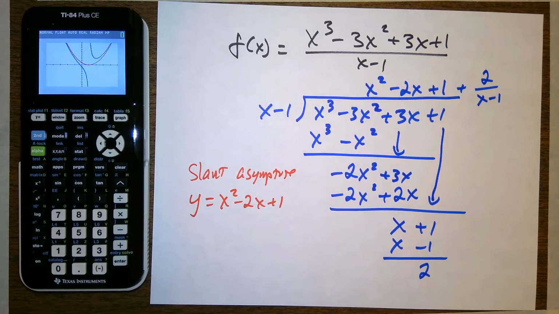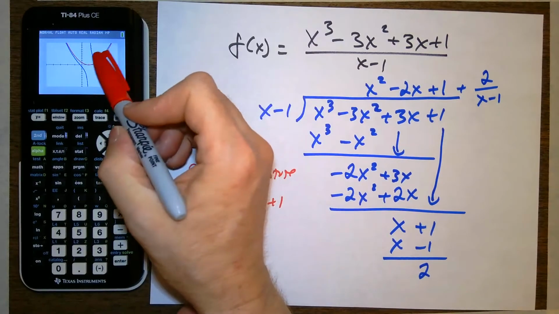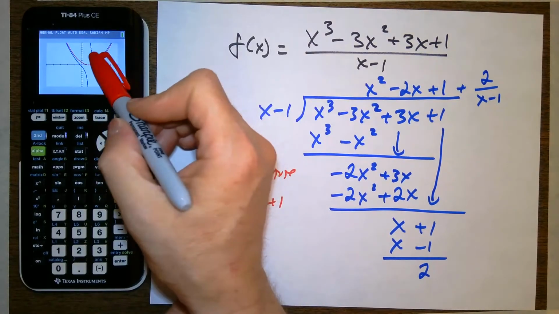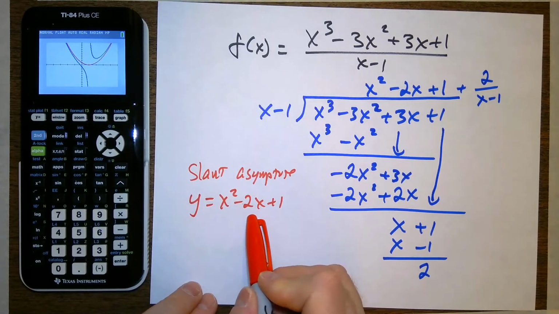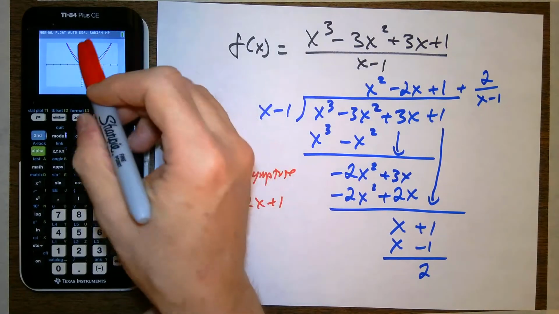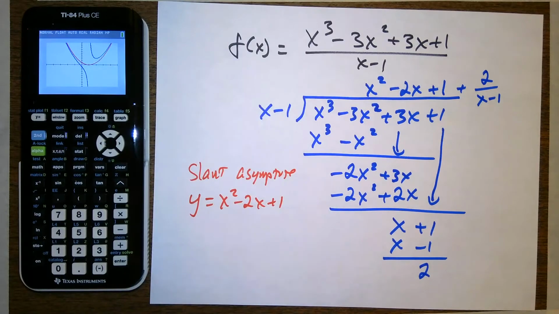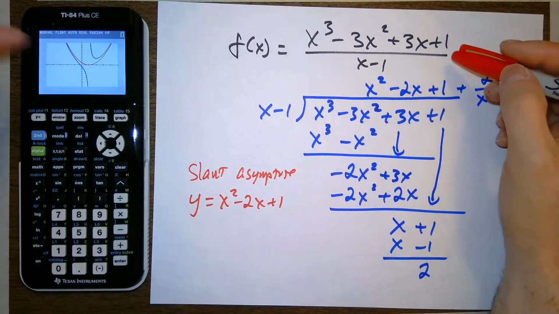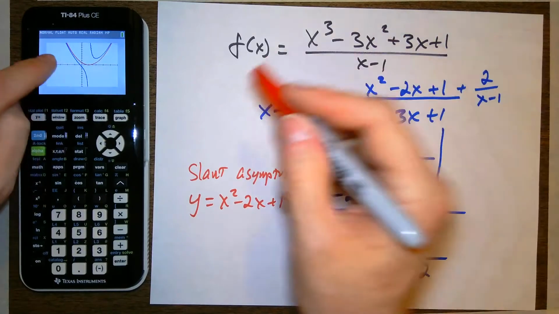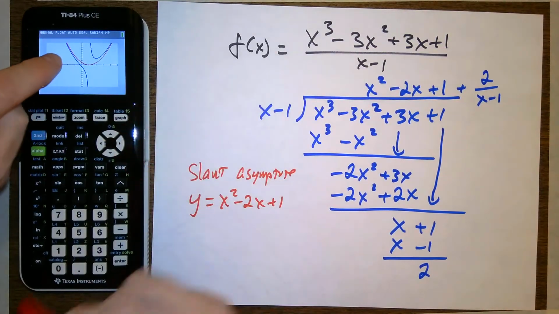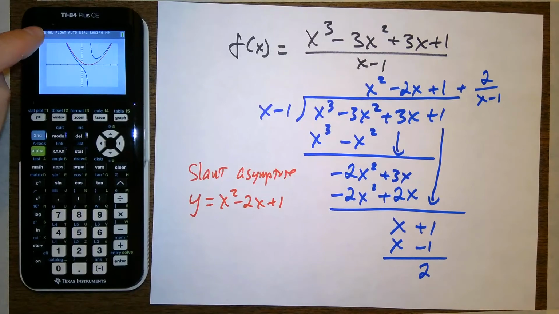So we can see that the function is approaching the parabola as x is increased without bound and as x is decreased without bound. Now, strictly speaking, as x is increased without bound, the value of the function increases without bound. As x is decreased without bound, the value of the function is also increasing without bound.